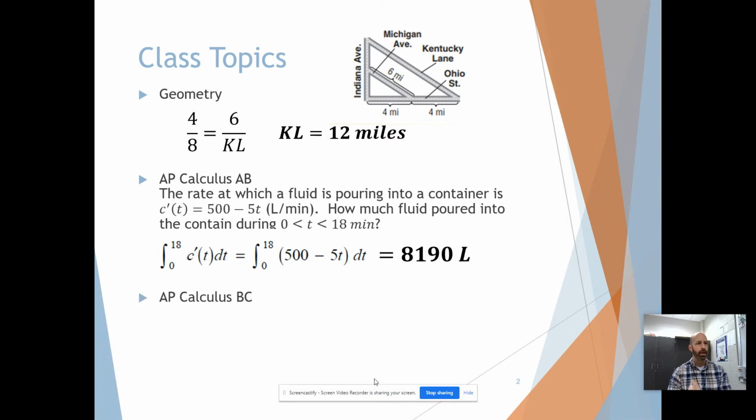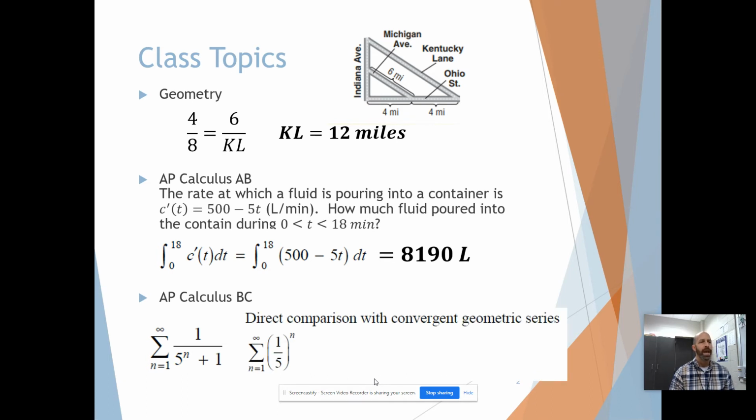And finally, in Calculus BC, we're still looking at series. And so if I asked a student, does this series converge or diverge? Well, it looks similar to a geometric series, but it is not a geometric series because of that +1.